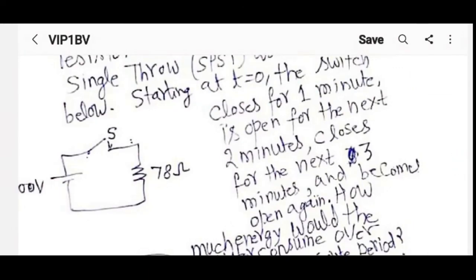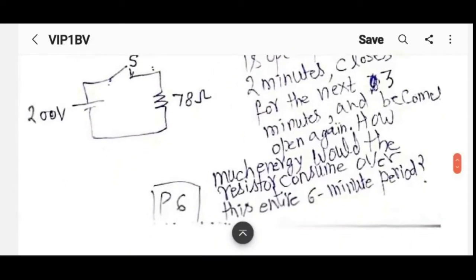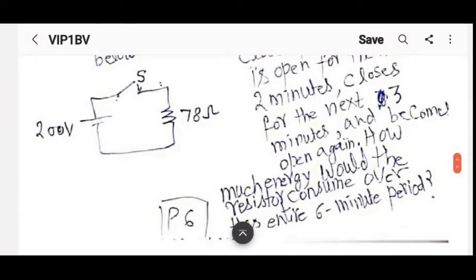For each of these time intervals, you have to calculate the energy separately and then total the results to get the total energy consumed over this 6-minute period.